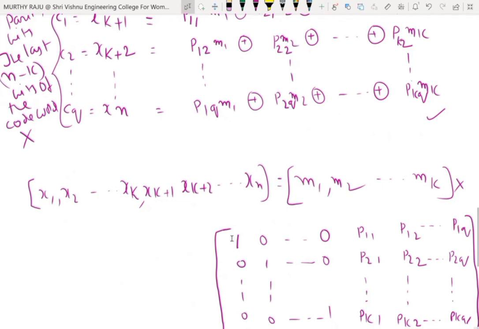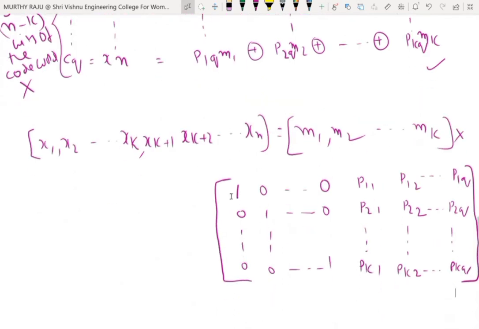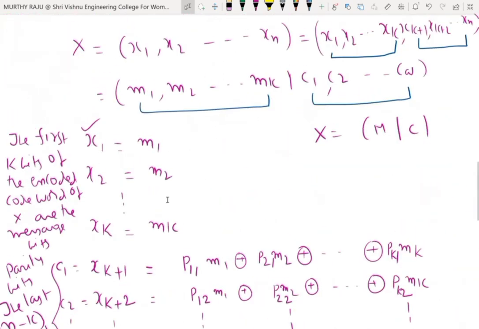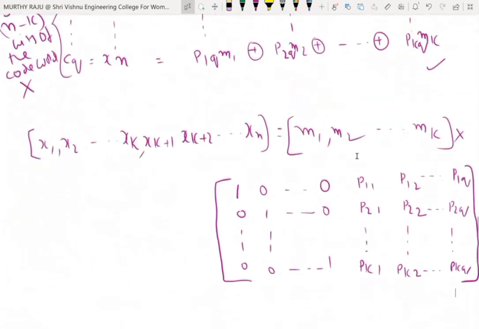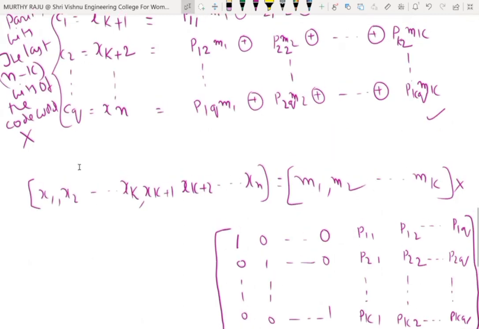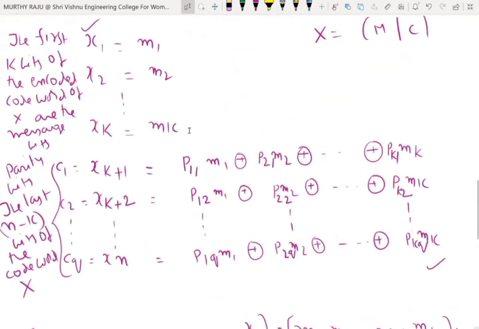This one row is multiplied with the first column of this matrix. That means m1 into 1 is equal to x1. Therefore, x1 is equal to m1. x2 is equal to m1 into 0, plus m2 into 1, and so on, plus mk into 0. That means x2 is equal to m2, like that. By multiplying the m1, m2, mk row with this matrix, we will get all these expressions.